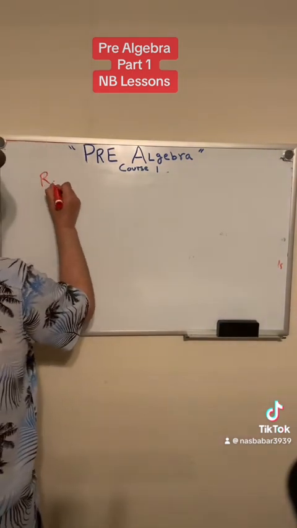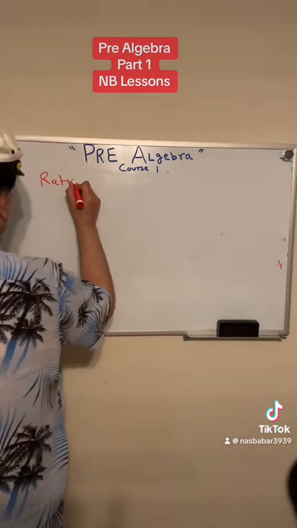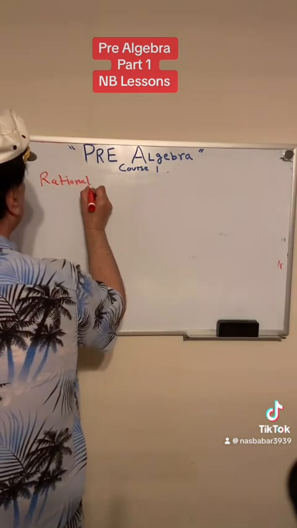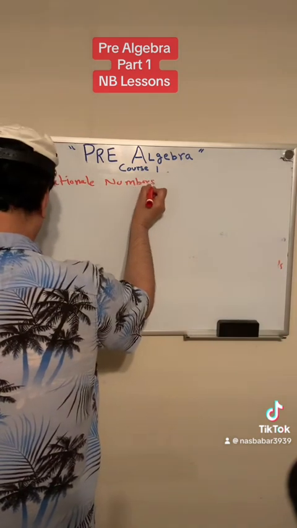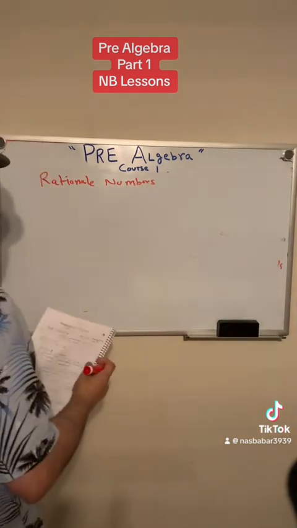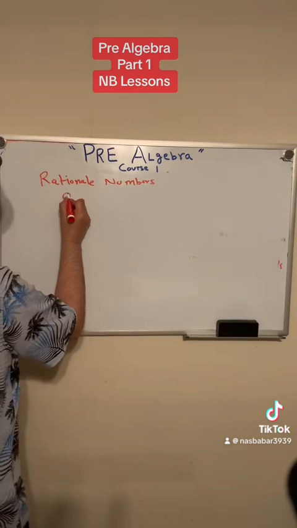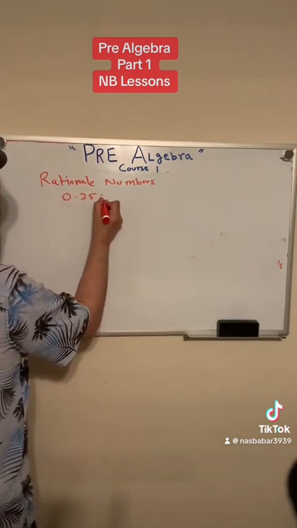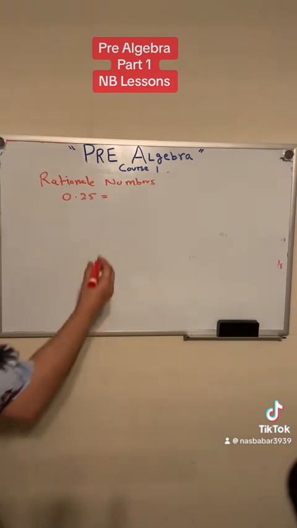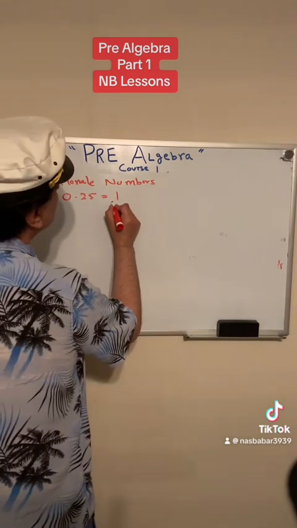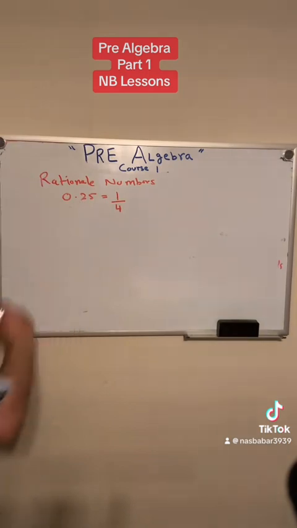Let's see an example of rational numbers. Is 0.25 a rational number? Yes, it is a rational number because it can be written in the form of a fraction. 1/4 is a rational number.